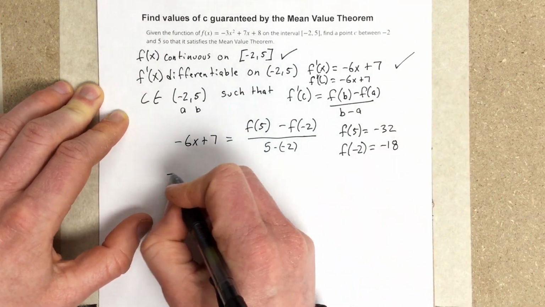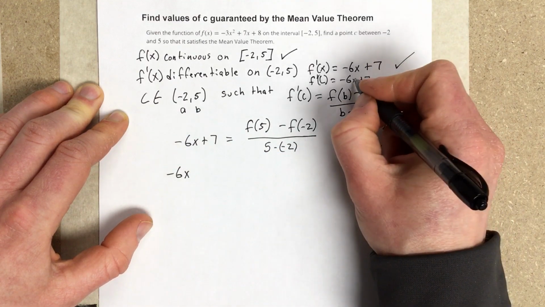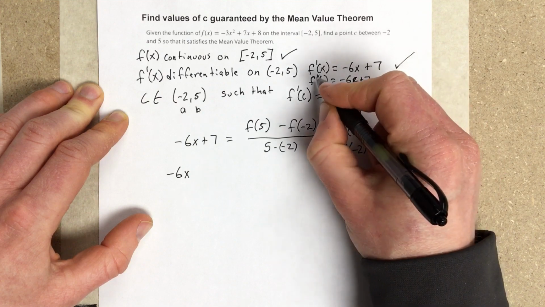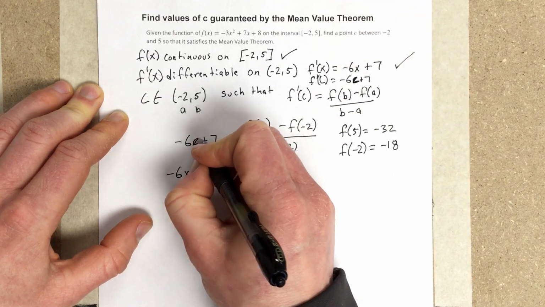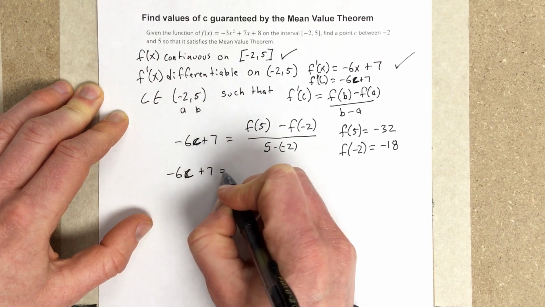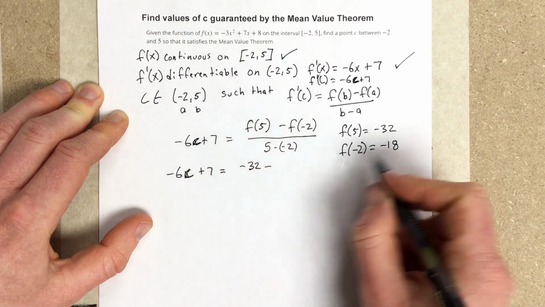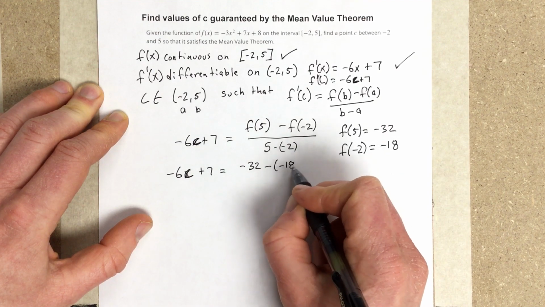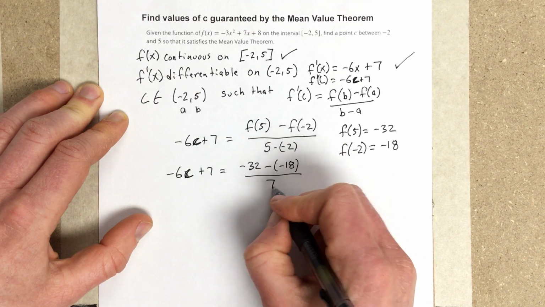So I have negative 6x, and instead of using x here, that should have been c. I changed f prime of c. That should have been negative 6c. So this should be c, this should be c. Plus 7 equals f of 5, which is negative 32, minus negative 18 for f of negative 2, over 5 plus 2, which would be 7.